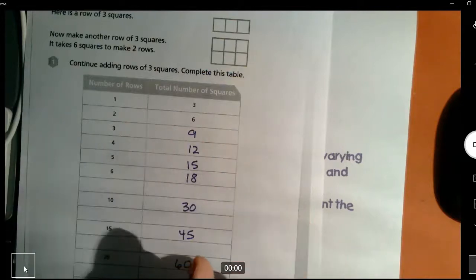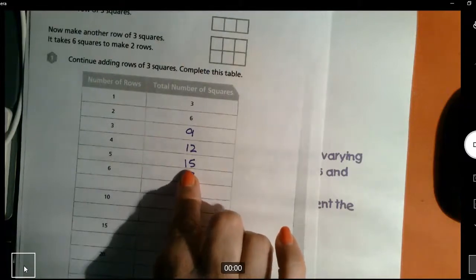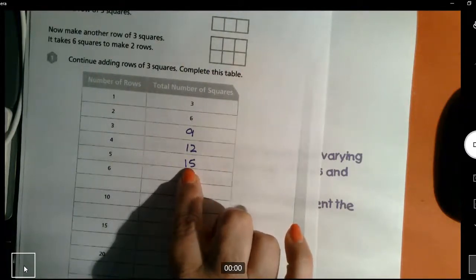But let's look at how many squares you had for some friendly numbers such as 5, 10, and 20. In 5 rows, you had 15 squares. In 10 rows, you had 30 squares. And in 20 rows, you had 60 squares.